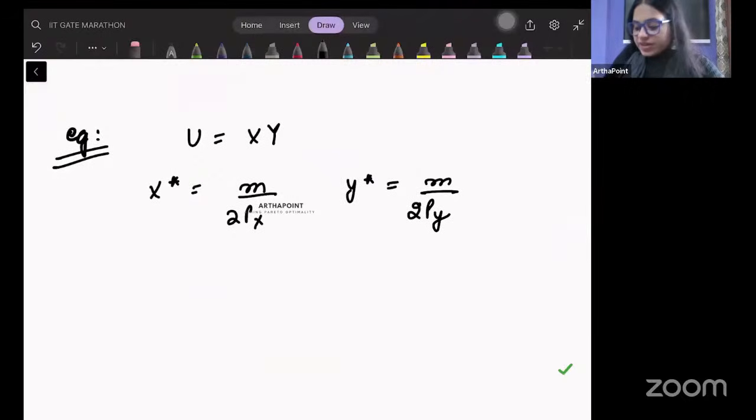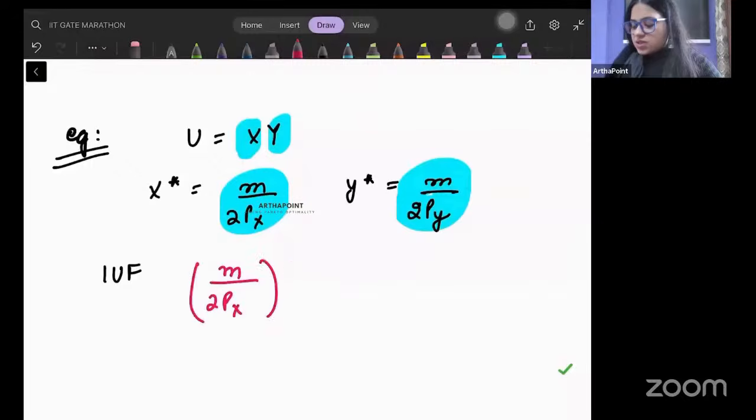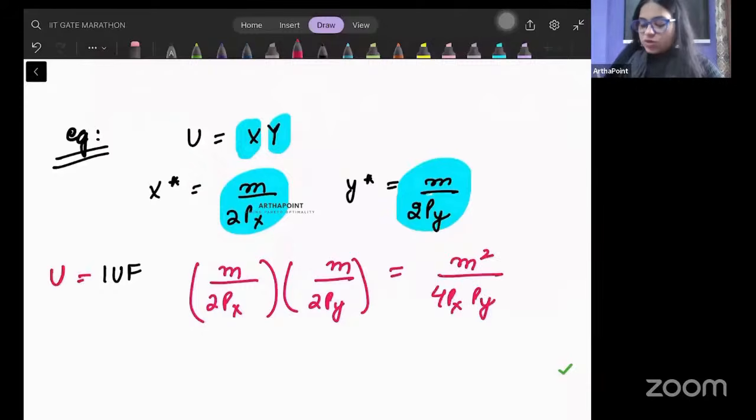So if I find the indirect utility function, I have to put this x here and this y here, and my indirect utility function will be m by 2px into m by 2py. So this becomes m square by 4px py. This is my utility, the maximum utility possible.